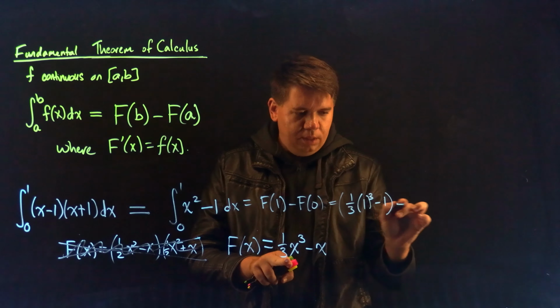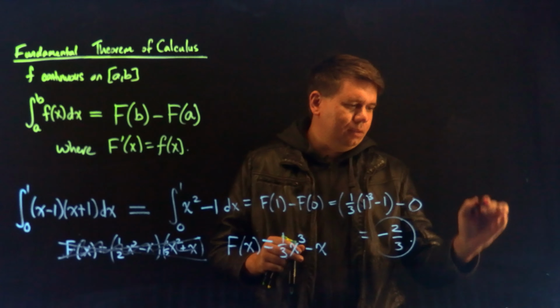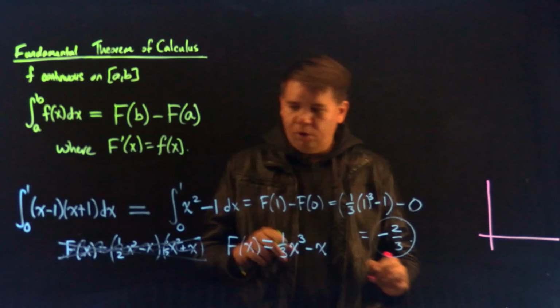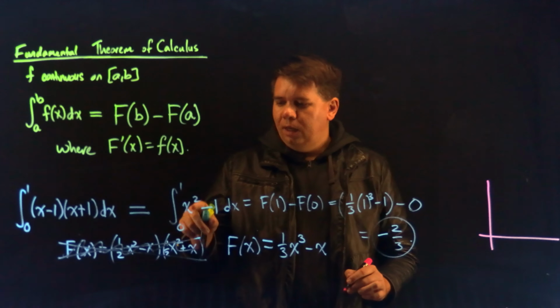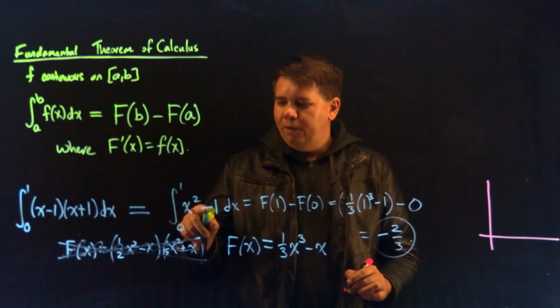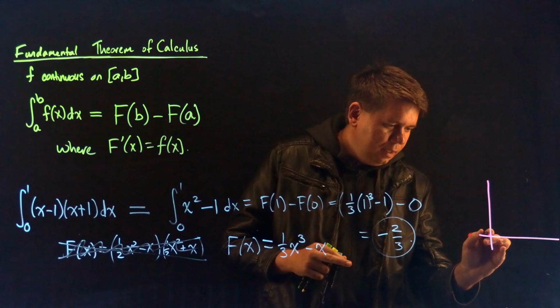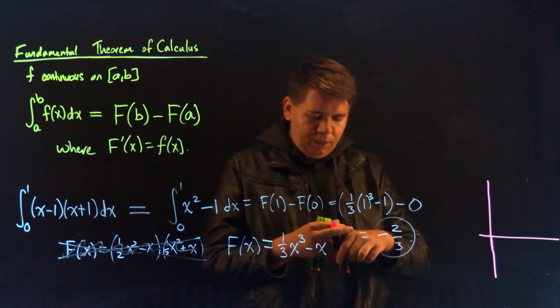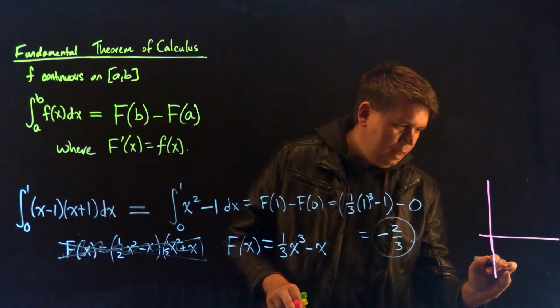And in this case, if you think about what your graph looks like, you're going from 0 to 1 of the graph of x squared minus 1. This is a parabola that starts down at negative 1 and then comes up.